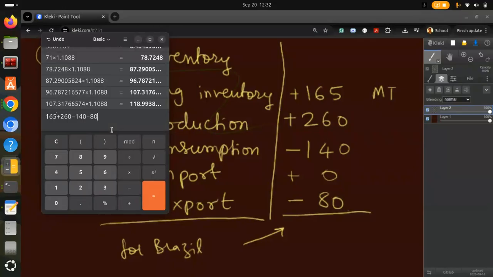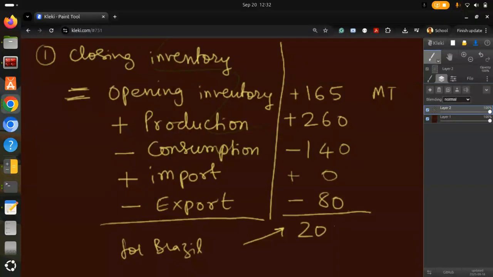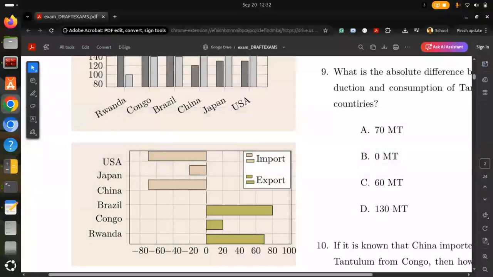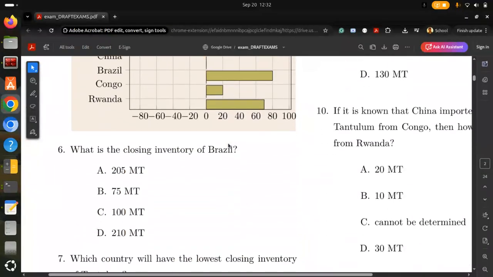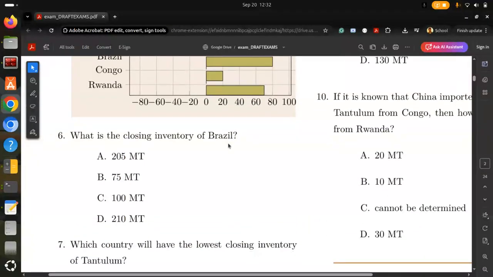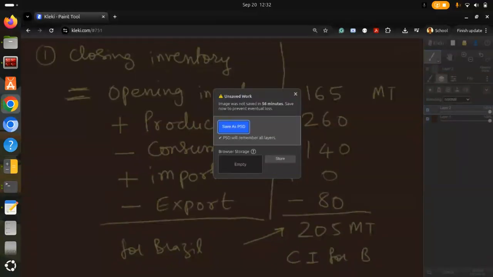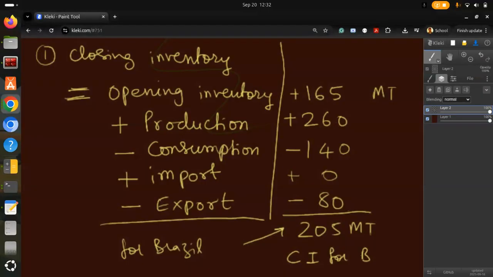This is the simple calculation I'm doing, and I'm getting the answer 205 metric tons. So 205 metric tons will be the closing inventory for Brazil. Let us see whether this matches any of the answers. In question number 6, option A is matching 205. So for this question, the answer is A.